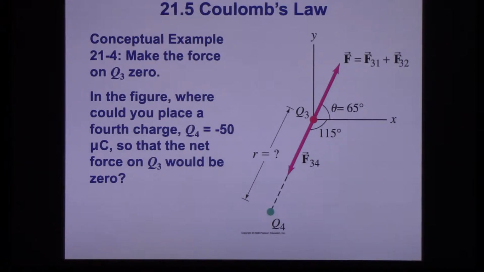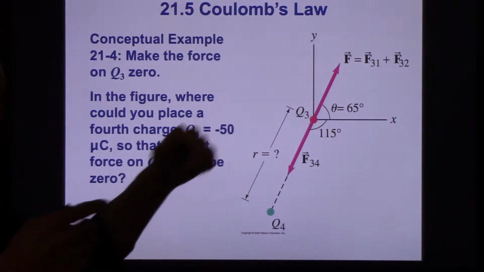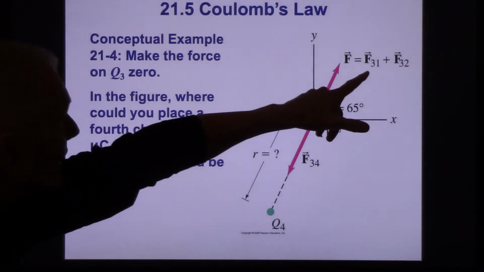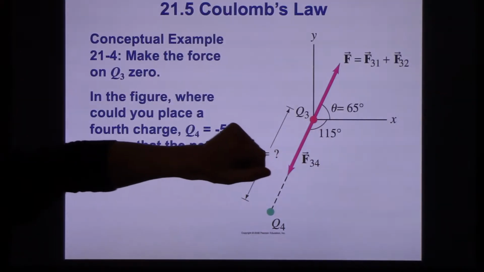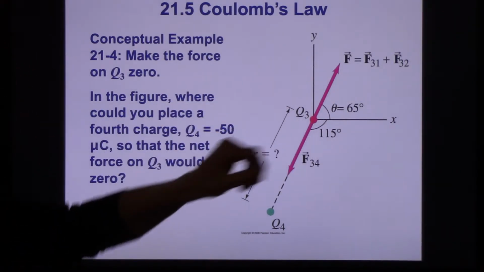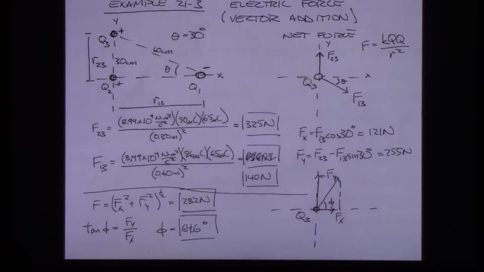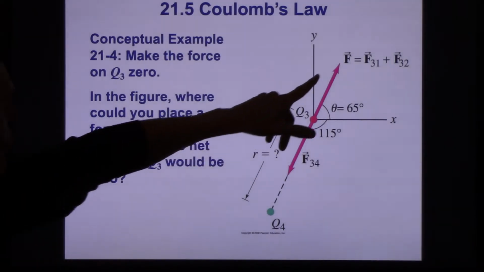And so what this diagram is showing here is, in the previous example, we had included the forces from objects 1 and 2 and determined the net force was at, oh look, they got the same number we did, right? 65 degrees, pretty good. 282 newtons.